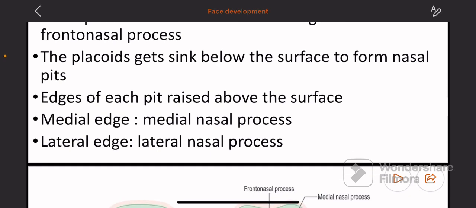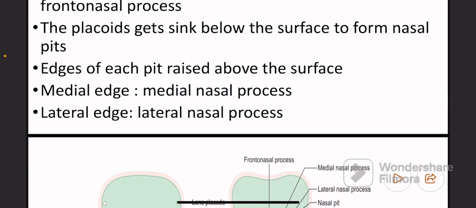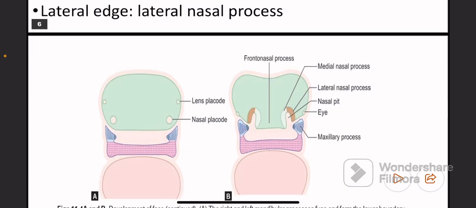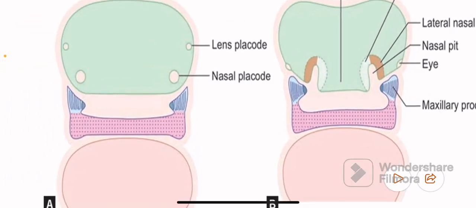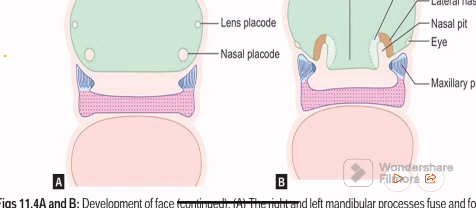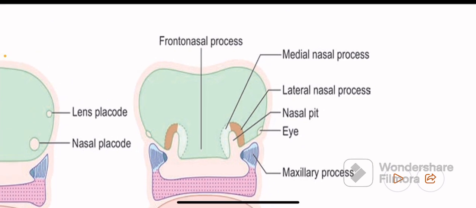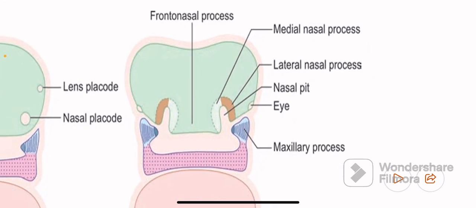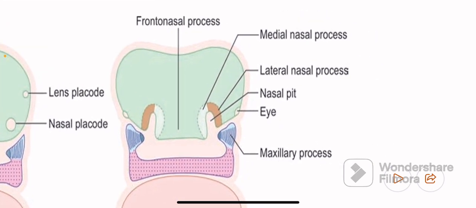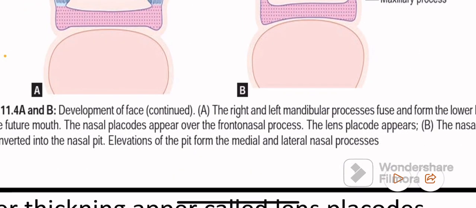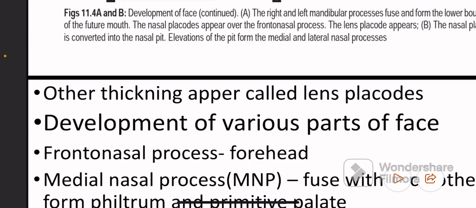You can see in the diagram the nasal placode below and the lens placode upward. In the further diagram, there are the medial and lateral nasal processes formed by the nasal placode, and another thickening beside the nasal placode known as the lens placode. Now we have the five primordia for the formation of the face.